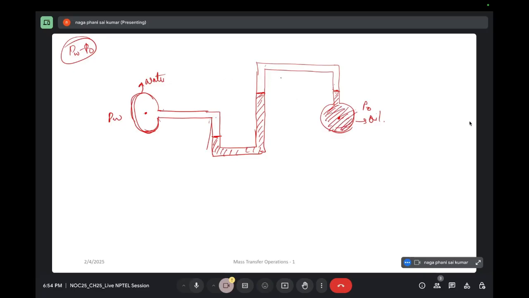So this is water, and this is air. So what will be the value of PW minus PO? So how do you do it? We have to take different points. So this is P1, and then we have 2, 3, 4, 5, and this is 6.